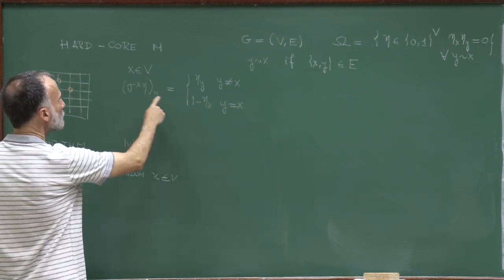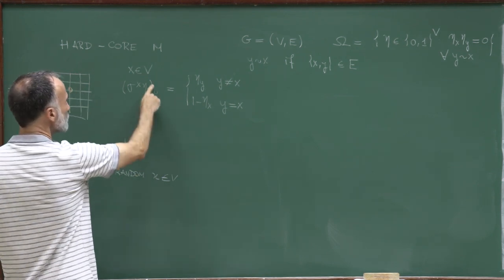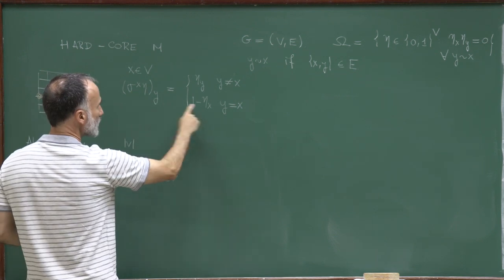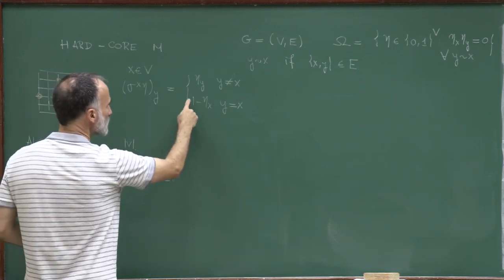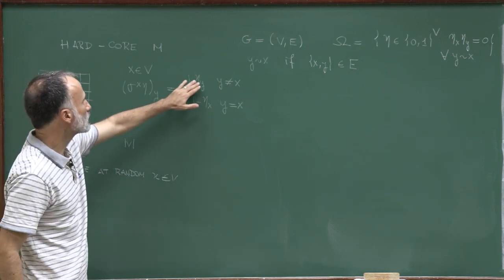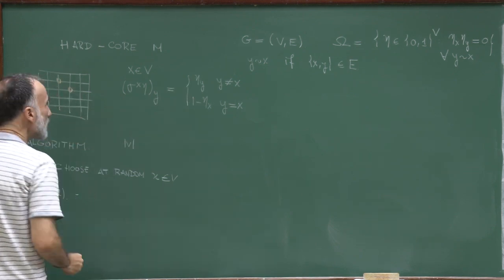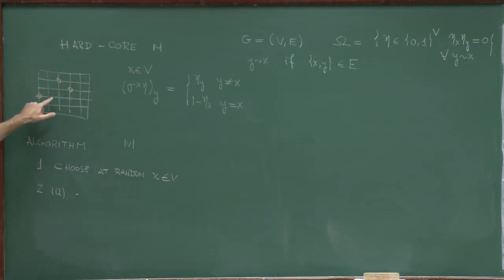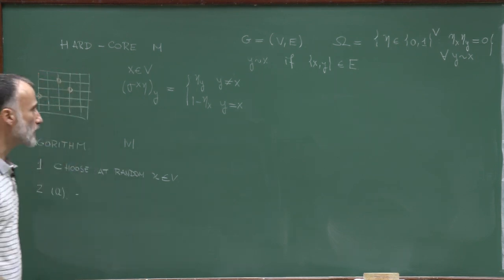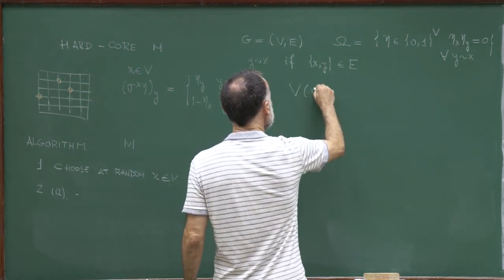Mind that if eta at x is equal to 1, then for this new configuration at x it is equal to 1 minus 1, which is 0, while if it's equal to 0, it becomes 1. For the other sites, I'm not changing anything. Now let me define those sites at which I'm able to change. Let me define a set V of eta.